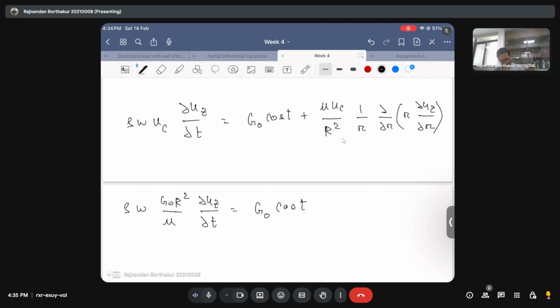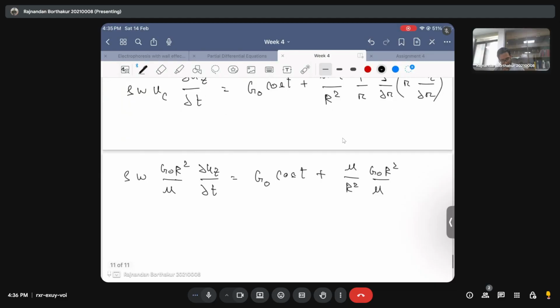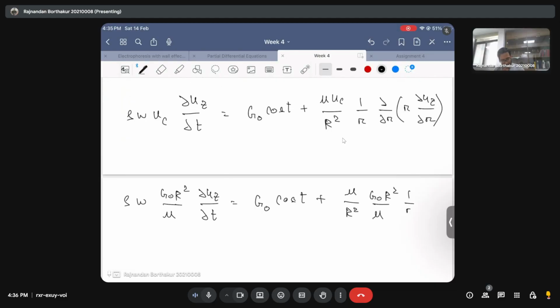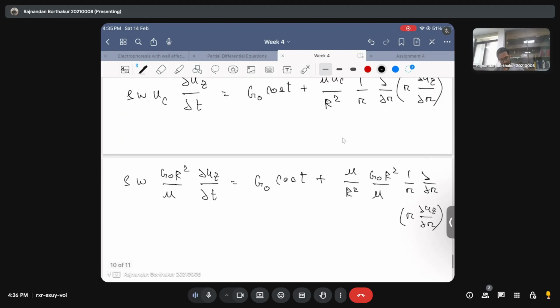And then this quantity is going to be once again what? So uc is g naught r squared by mu, so I'll write mu by r squared times g naught r squared by mu. Okay, and then I have this quantity, which is 1 upon r del del r of r times del uz by del r.